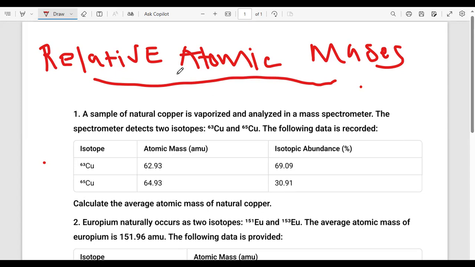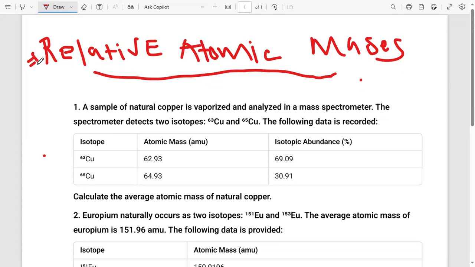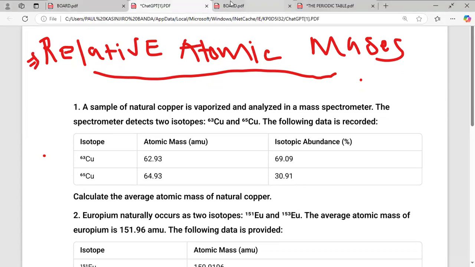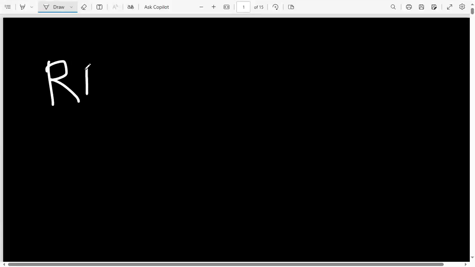Okay, so the first thing, we have to define this guy here, the relative atomic mass. I'm sure you've seen somewhere this word as RAM. So this RAM here simply means relative atomic mass. Is there anyone who knows how to define this relative atomic mass?